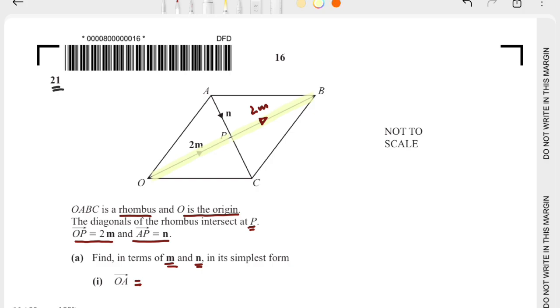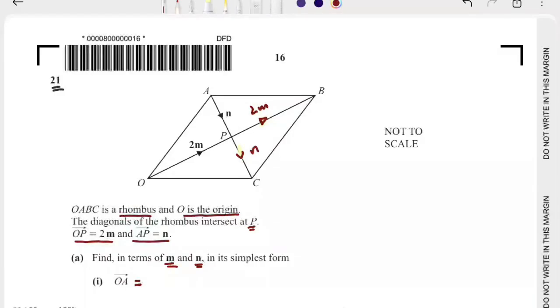If AP is n, then PC would also be n. We have to show some little working. Now we can easily find out OA.